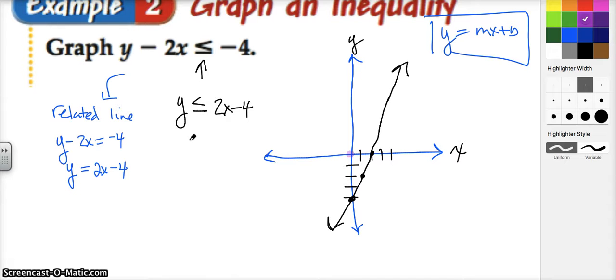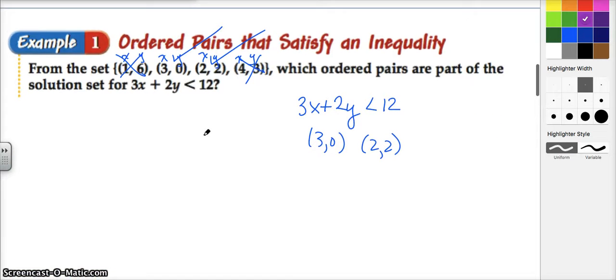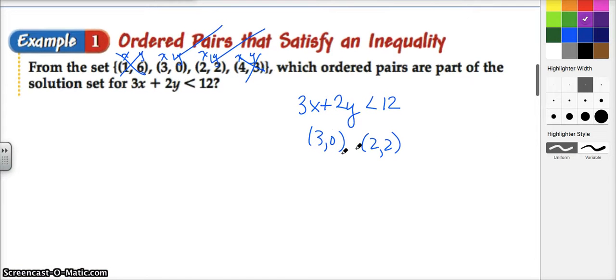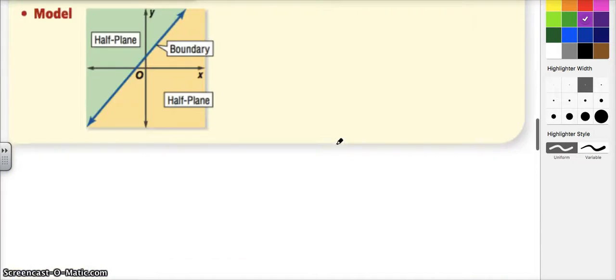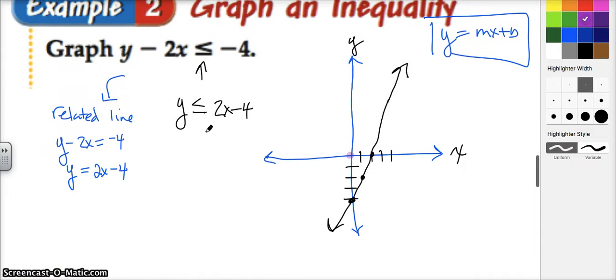If that point satisfies the inequality, just like we practiced in the last example, where we saw what points satisfied the inequality, then that is the side you shade. If that random point you choose does not satisfy the inequality, then you shade the other side. Okay? So let's go ahead and do the thing.